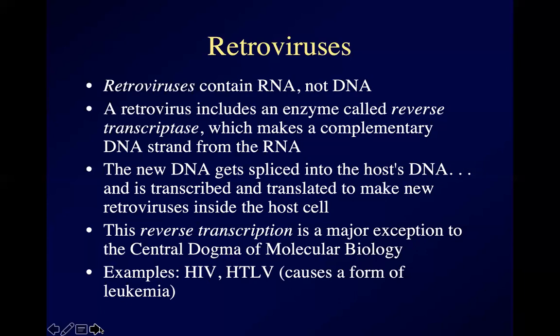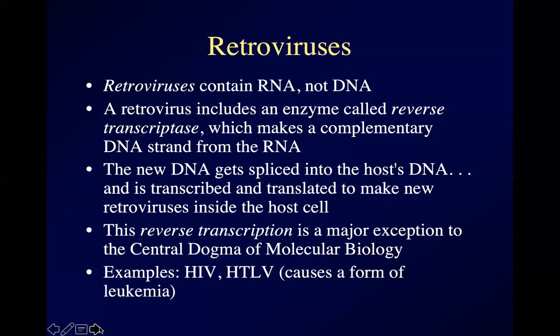This is one of a very few times when that actually runs backwards. You usually use DNA to make an RNA strand. This is maybe the only time when you use RNA to make a DNA strand. It's called reverse transcription, and it's done by an enzyme called reverse transcriptase.